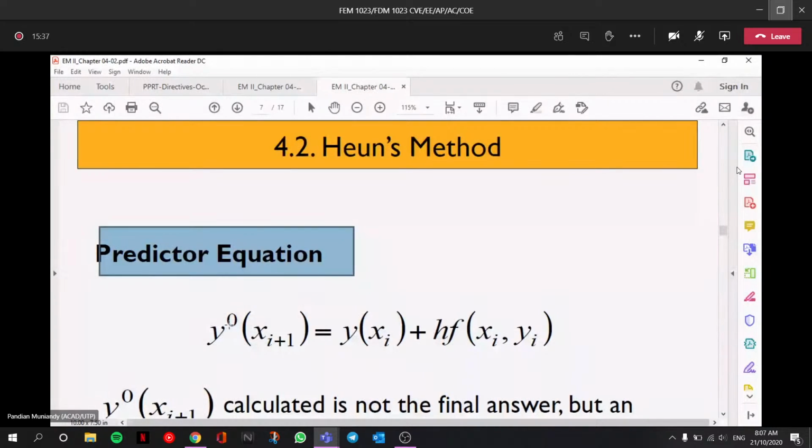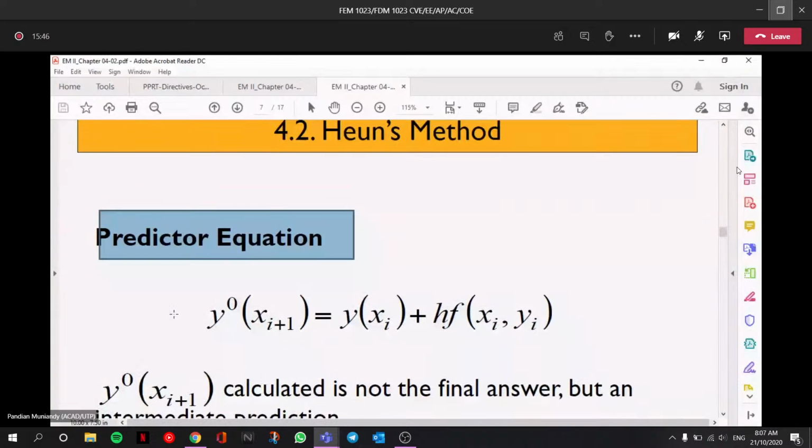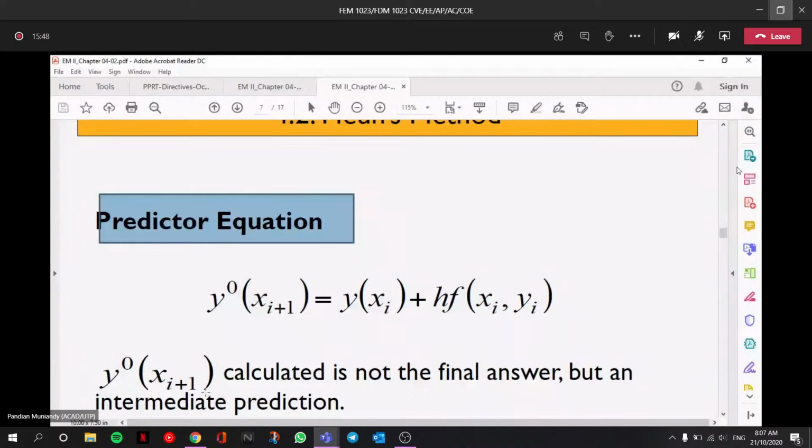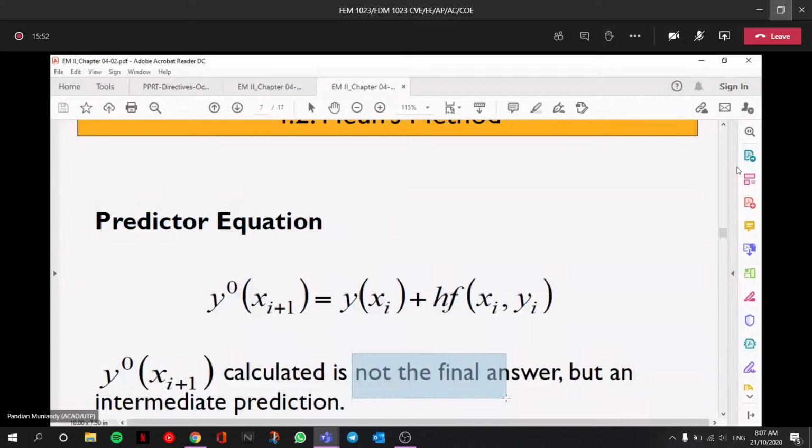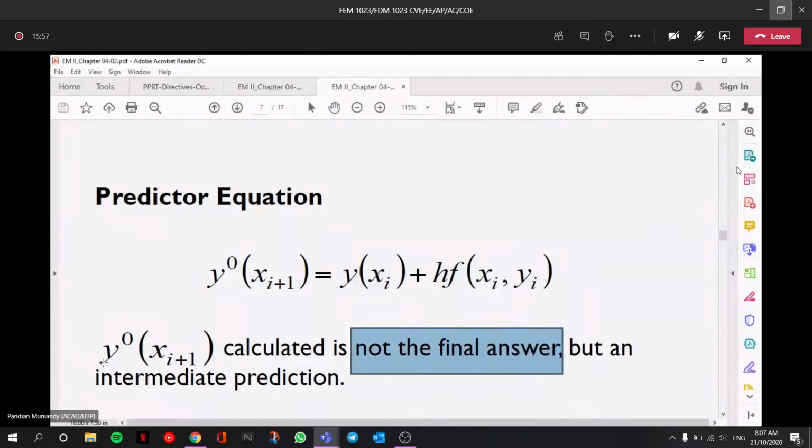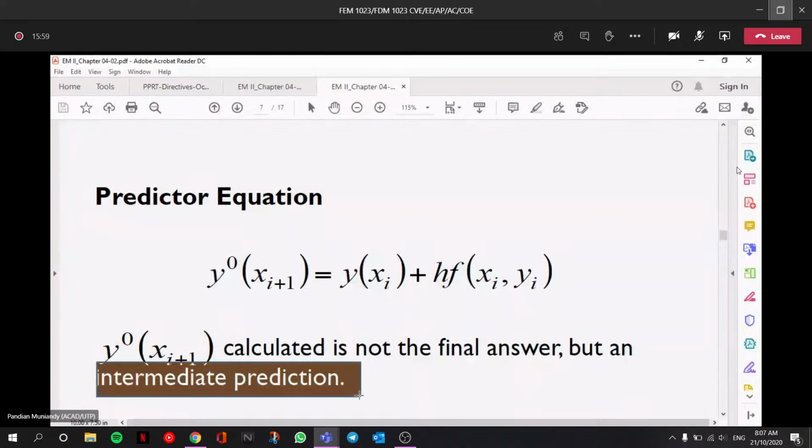Don't forget to put this, because we have predictor and corrector. So how to differentiate? The y^0 at x_{i+1} calculated is not the final answer, not yet, but an intermediate prediction, an intermediate forecast.